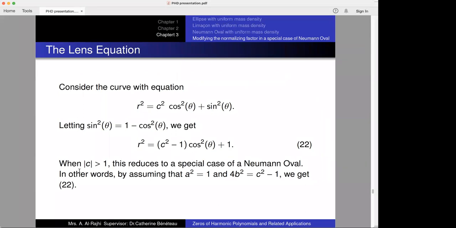In the last section, we will consider a special case of the Neumann oval. As you saw before, the Neumann oval has been written as a² cos²θ plus, sorry, b² cos²θ plus a². So if we assume that a² is 1 and 4b² = c² − 1, where the absolute value of c is greater than 1, we get a special case of the Neumann oval.